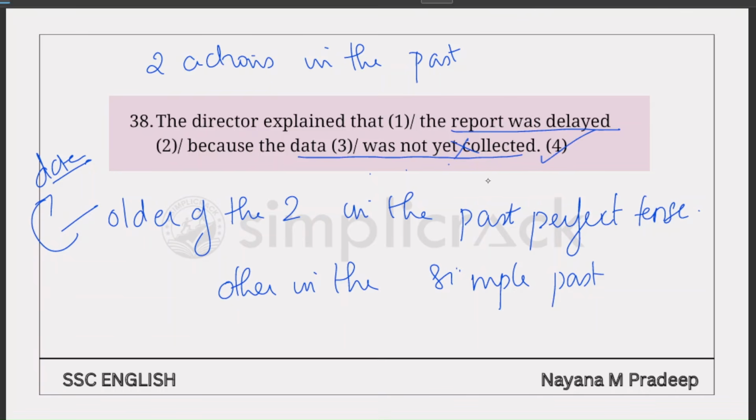So instead of "was not yet collected," how will you rewrite it? Because the data had not yet been collected. The collection of the data is the older of the two events, and it has to be written in the past perfect tense. But in the sentence it is written in the simple past tense, so we change it into the past perfect.